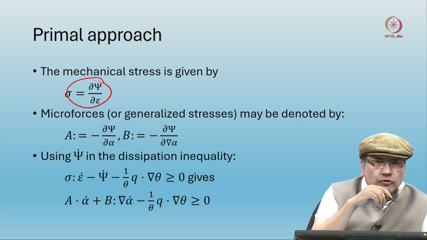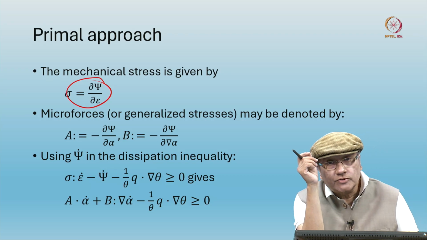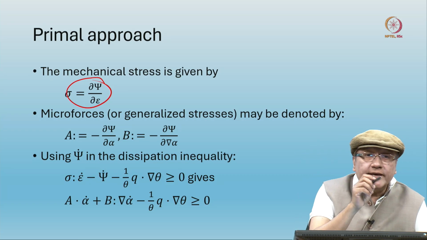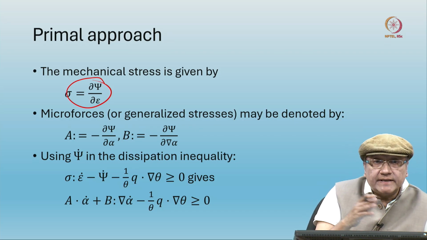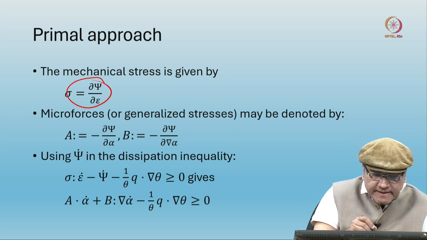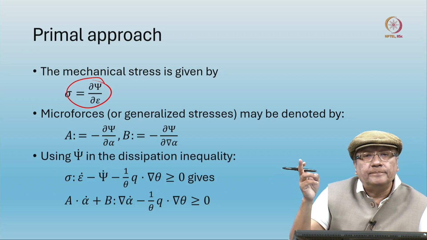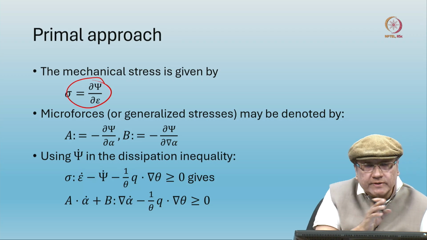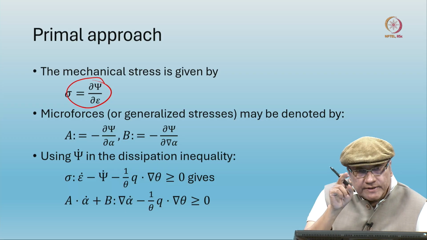The microforce or the generalized stresses are associated with the two derivatives, because you have one derivative del psi by del alpha acting on alpha dot, and another derivative del psi by del grad alpha acting on grad alpha dot, correct. We put a minus on that so that the whole term comes in psi dot with a negative sign.